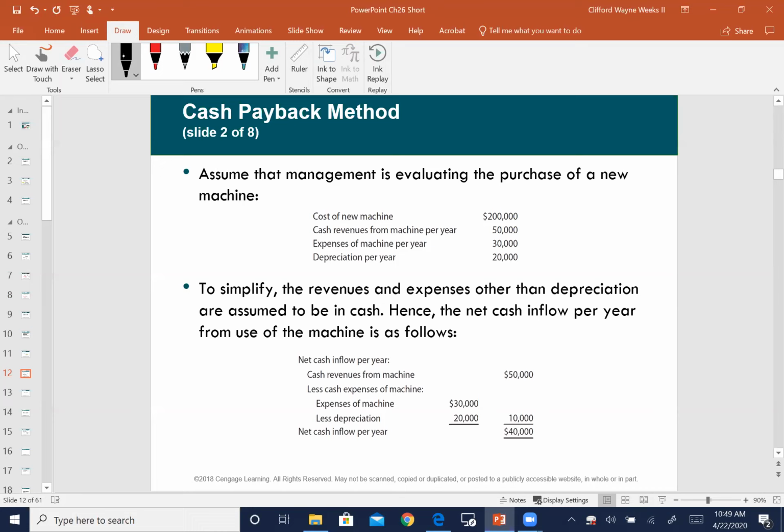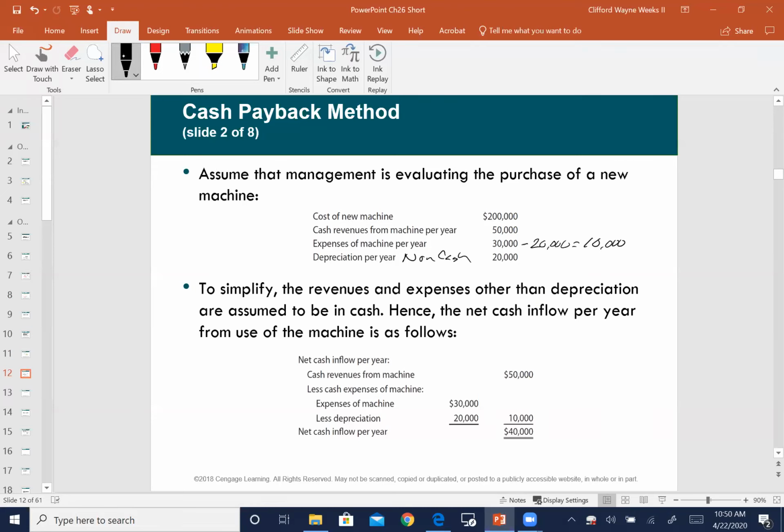It consists of $10,000 in cash and $20,000 of depreciation expense, which is non-cash.